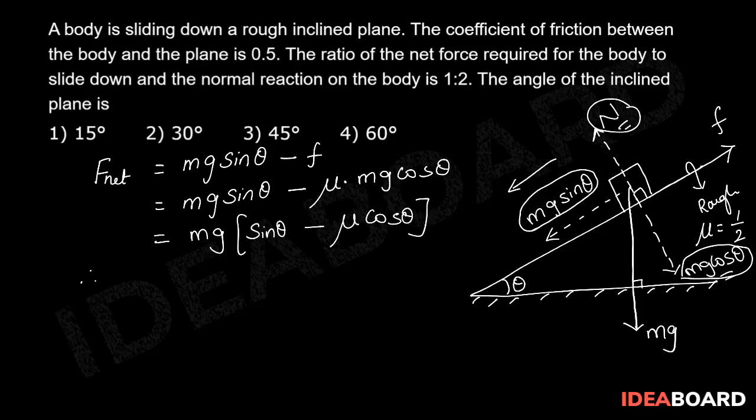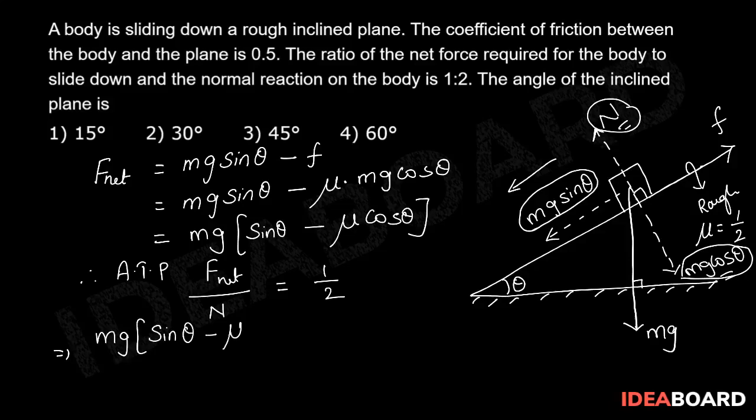Now according to the problem, F net upon normal reaction force is 1/2. So substituting the values in this, mg times sin theta minus mu cos theta upon mg cos theta equals half.